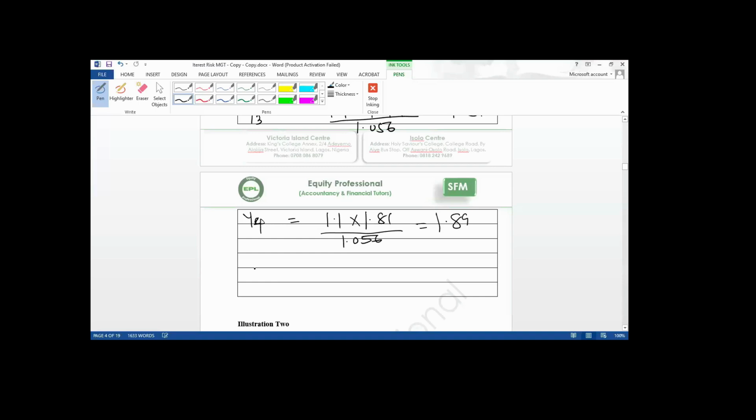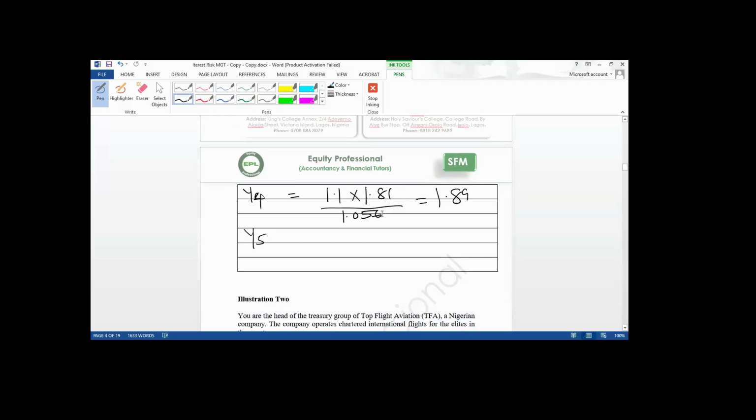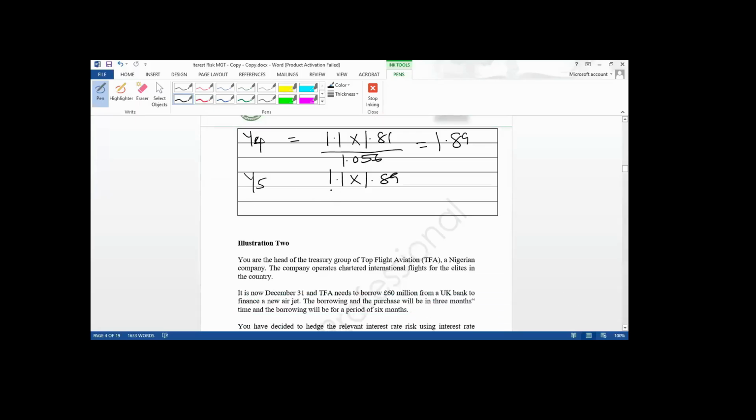If you want to get year five, 1.1 multiplied by 1.89 divided by 1.056. That is 1.97.